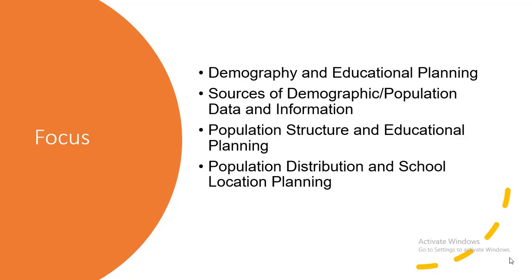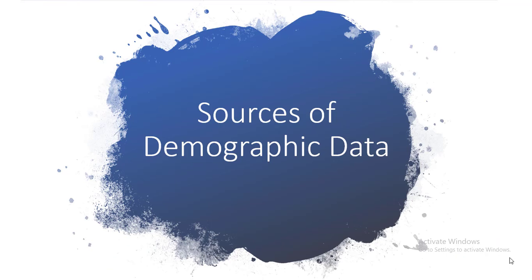Now let's get started. The first part is the sources of demographic data. What are the sources of demographic data? Before we go into the sources, we want to look at what demography represents. When we are talking about demography, we are looking at the characteristics of human or animal, what it entails, what is the composition of that human being.